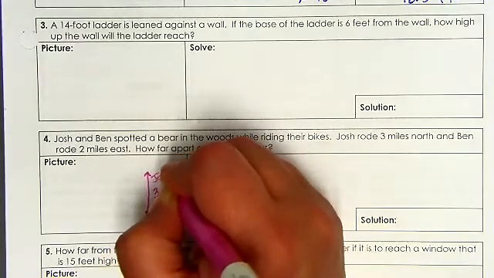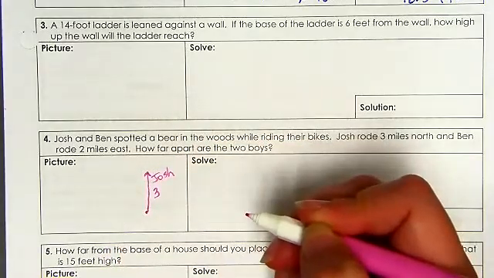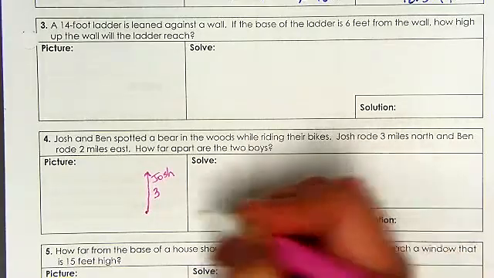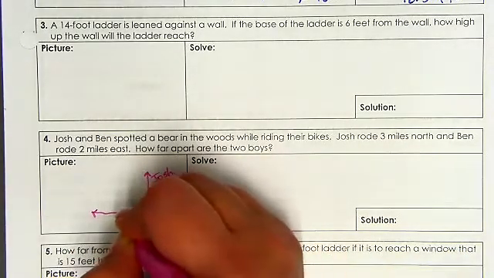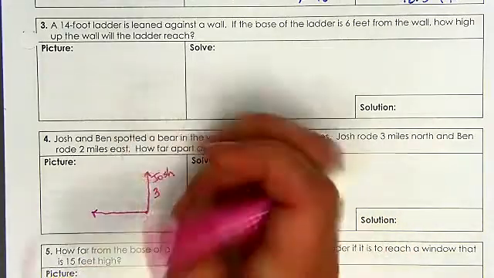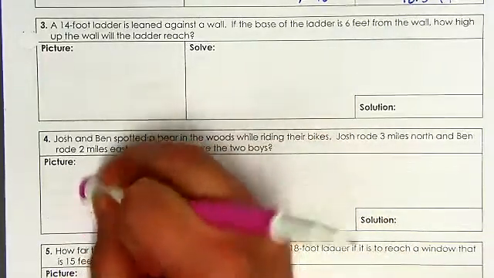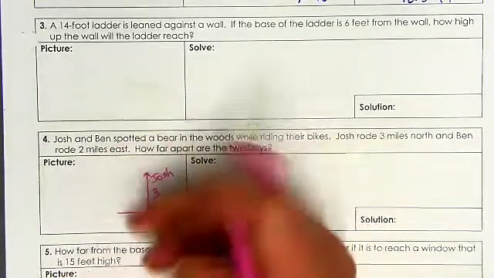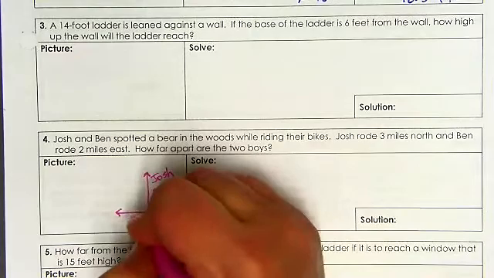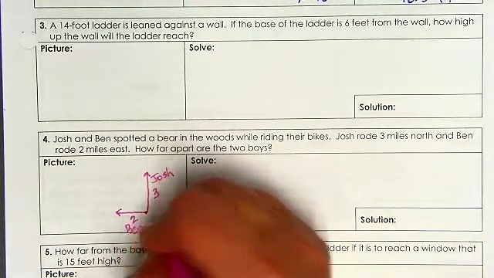So this is Josh. And Ben rode 2 miles east. So that's this way. I should probably make that shorter because it's supposed to be smaller. Okay. So this is 2 and this is Ben.